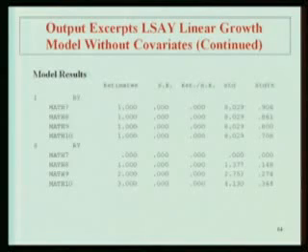And another thing is to make sure that what you've specified in your model command actually is happening in your results. So the model results come out as follows, and let me explain what the columns are for you. So the first column gives the raw parameter estimate.